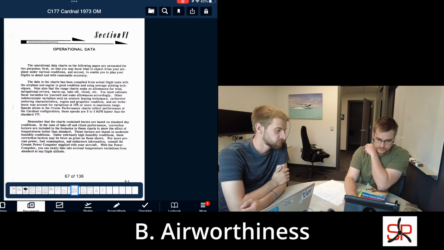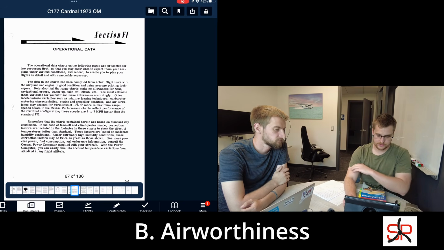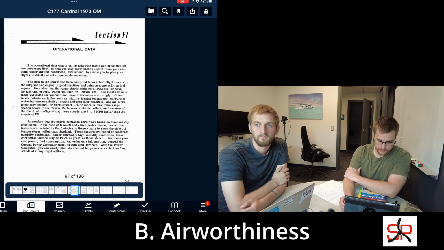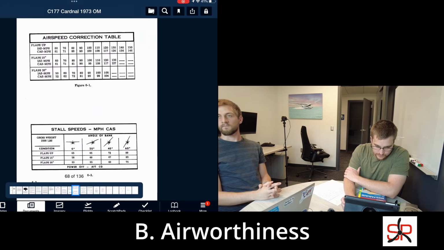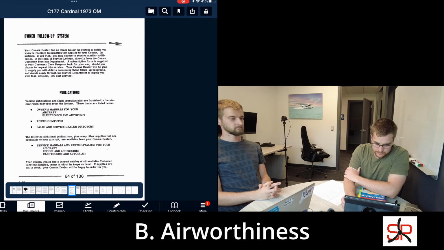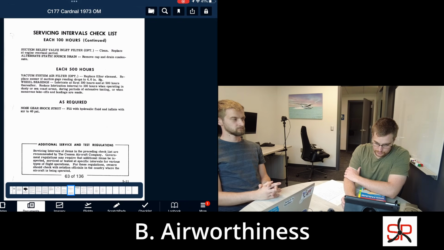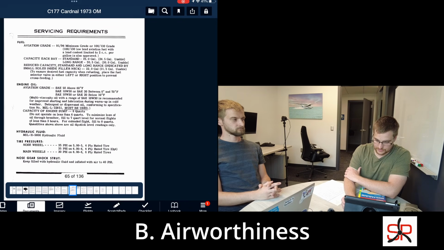Section 6 is operational data in our POH supplement. See if you can find it there or in a different chapter. I don't remember our airplane specifically having either an MEL or a KEL.